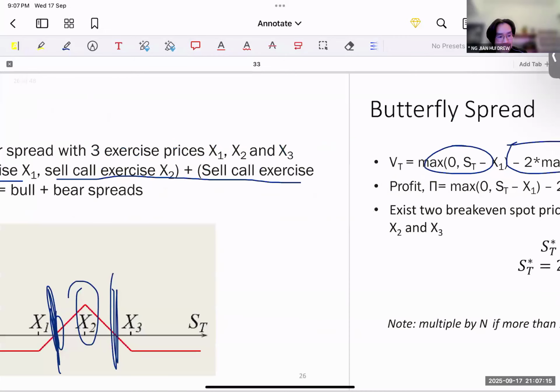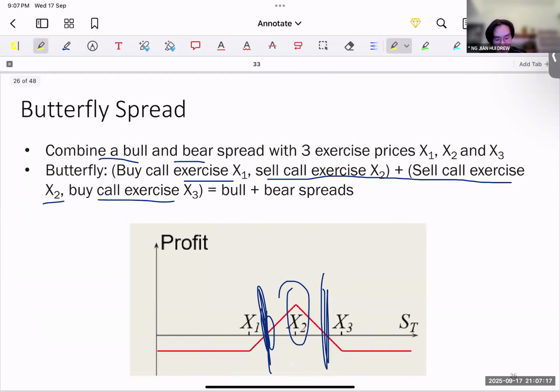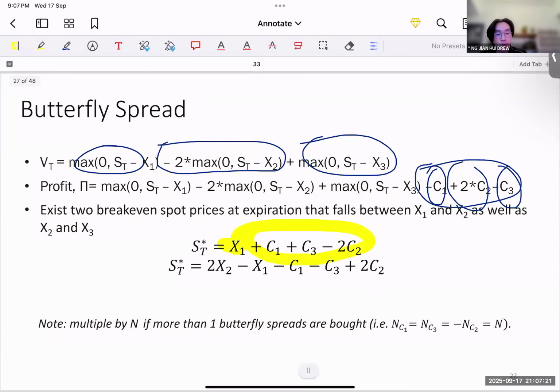While the other break even, between X2 and X3, is 2 times X2, which is the short position that you get, minus X1, right? Because it's between X2 and X3, and then minus the cost relating to the butterfly spread. So this is how to determine the break even for your butterfly.